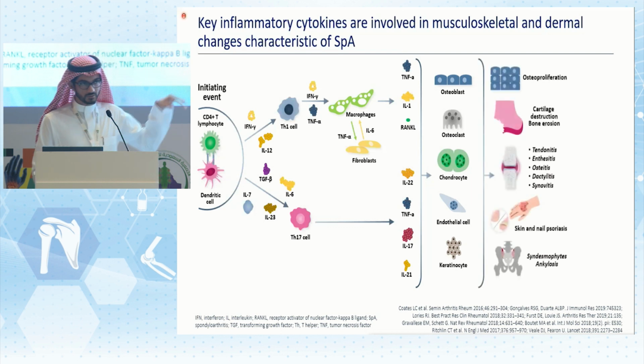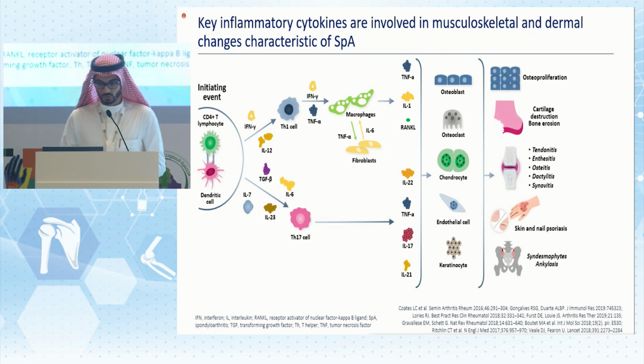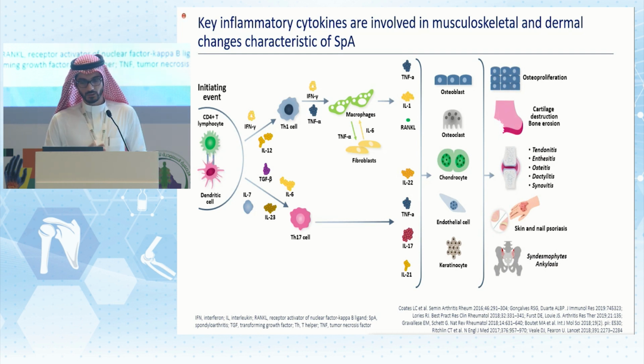Now, all of these changes are reflected clinically in the form of cartilage destruction, bone erosion, as well as tendonitis, enthesitis, osteitis, and so on, as well as skin and nail psoriasis, and also the involvement of the gastrointestinal tract and the sacroiliac joint.